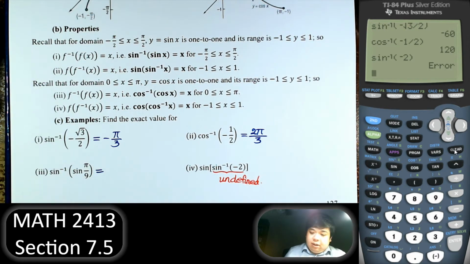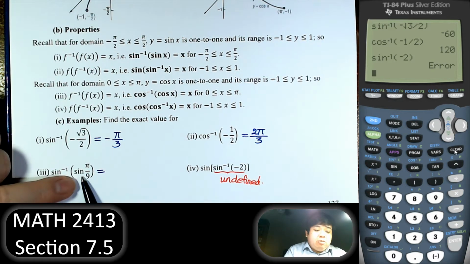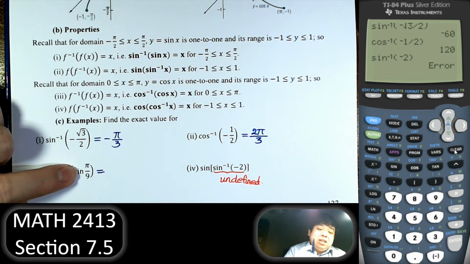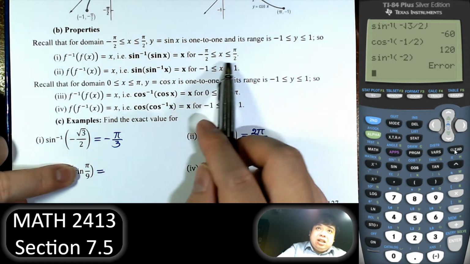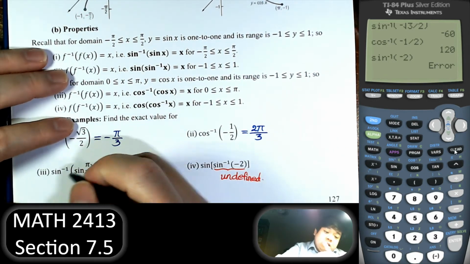Now, the sine inverse of sine of pi over 9. It is always defined for sure, but is that going to cancel? Do the inverse and the function cancel here? Well, that depends. If x is in that domain, then yes, and pi over 9 is in that domain. So yes, they will cancel out.